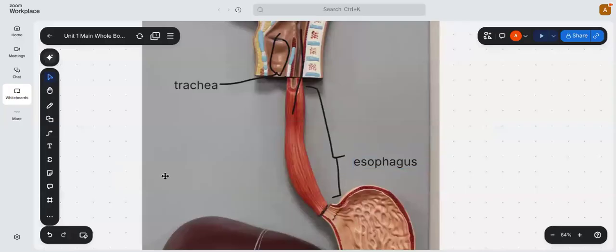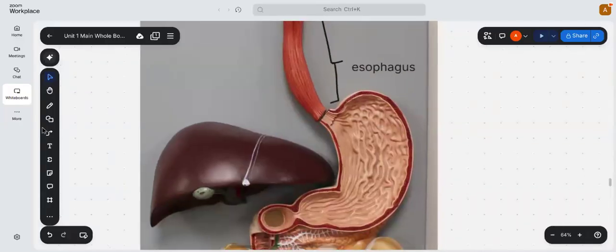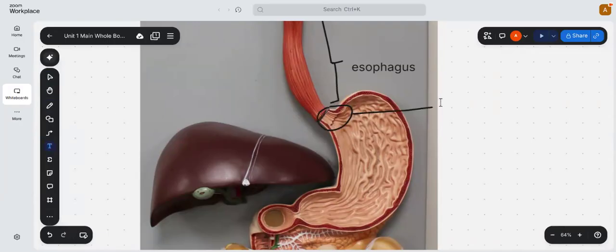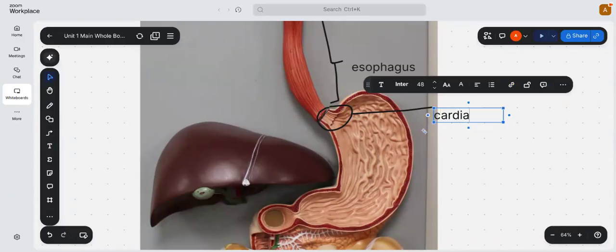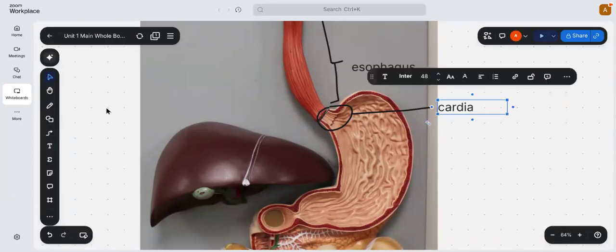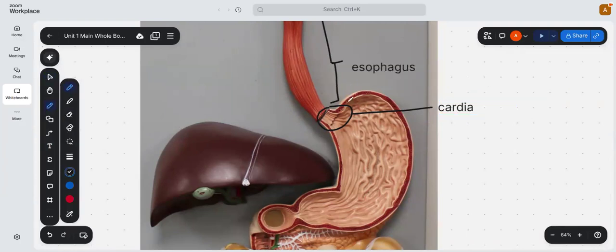And then it is going to lead into your stomach. So you have the cardia of your stomach, which is this beginning portion over here. And then you have the fundus of the stomach. The fundus refers to the top region of your stomach over here.